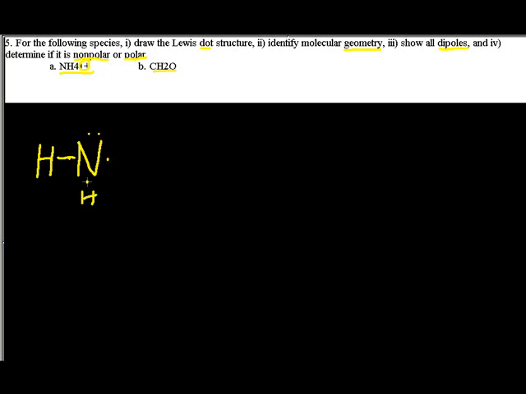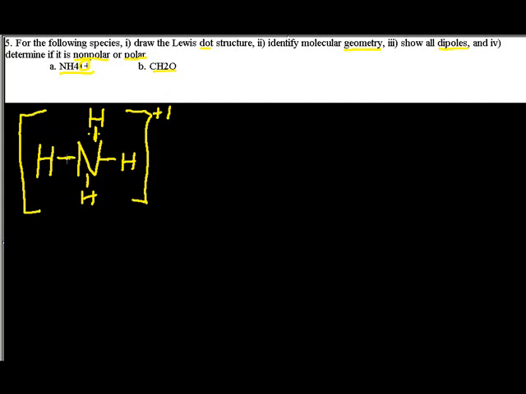You're going to get a covalent bond here. And you're going to get a covalent bond here. Now, what happens is one of the hydrogens loses its electron, and that allows this hydrogen to bond there. The overall molecule is a +1 charge.